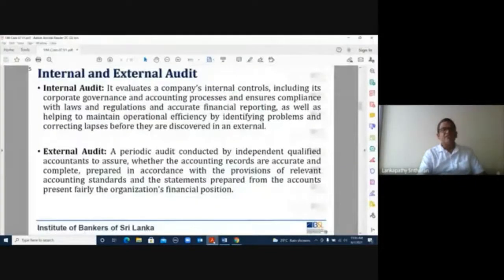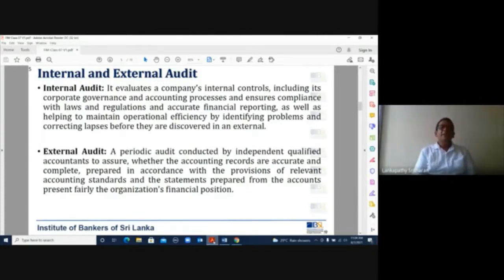It's the third line of defense, which gives assurance to the top management that all internal control systems are implemented properly. Here it says that it evaluates a company's internal control, including its corporate governance and accounting process, ensures compliance with laws and regulations and accurate financial reporting, as well as helping to maintain operational efficiency by identifying problems and correcting lapses before they are discovered in an external audit.